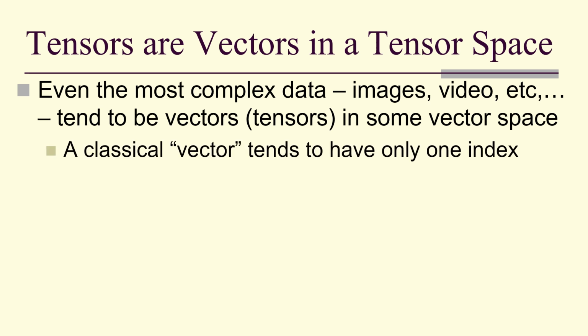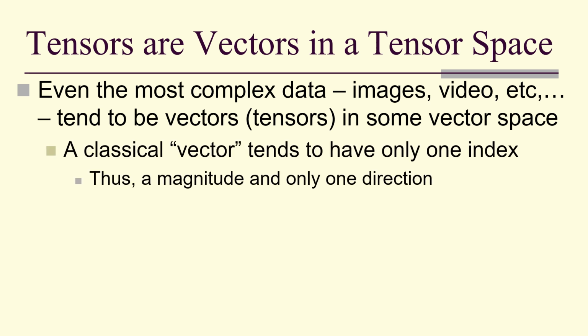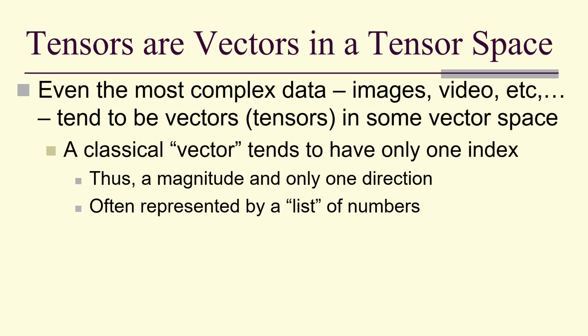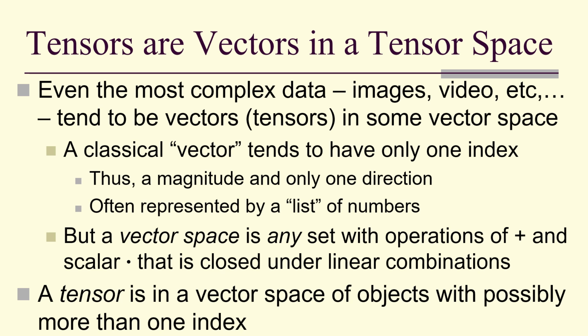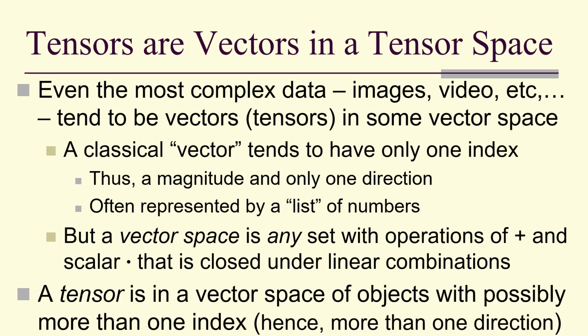A classical vector tends to have only one index, a magnitude in only one direction, often represented by a list of numbers. But a vector space is any set with operations of plus and scalar multiplication that is closed under linear combinations. And a tensor is in a vector space of objects with possibly more than one index, and hence more than one direction.